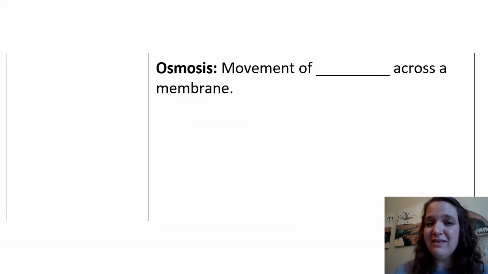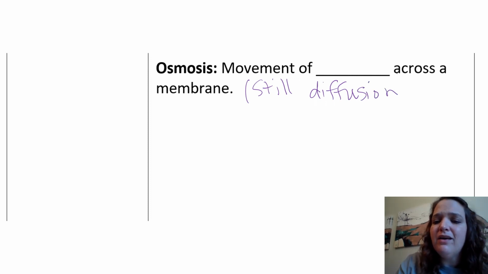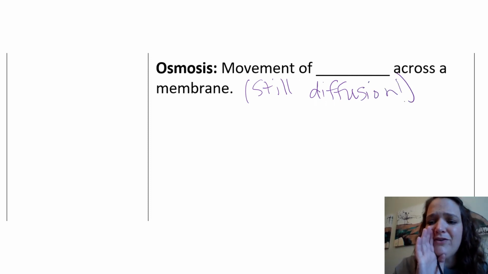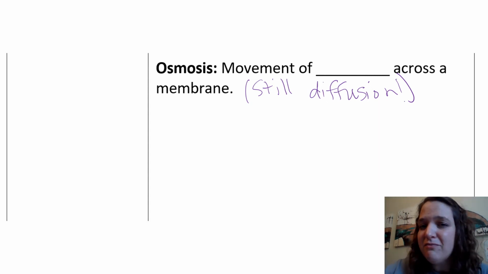The other process that we were talking about is osmosis, and osmosis is actually still diffusion. It's still diffusion because it's still considered moving of molecules from high to low concentration.